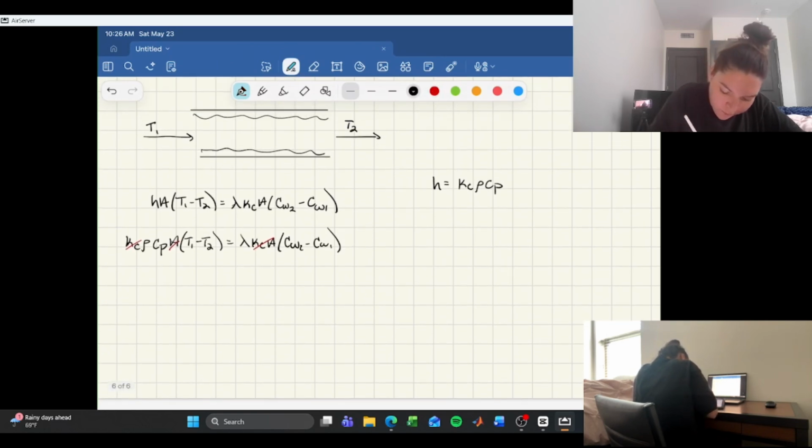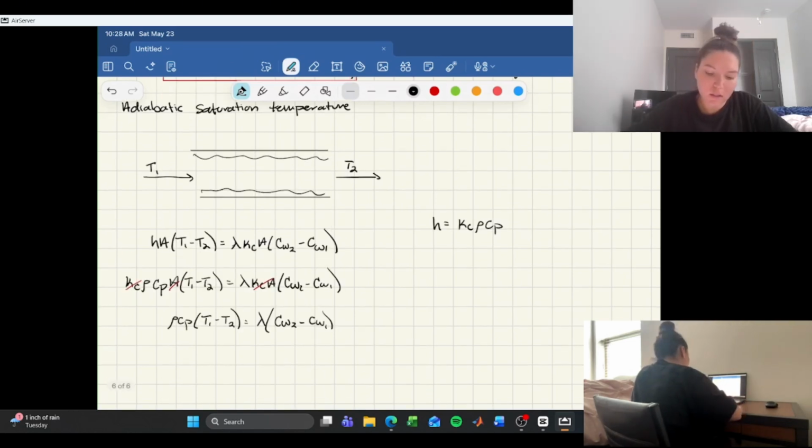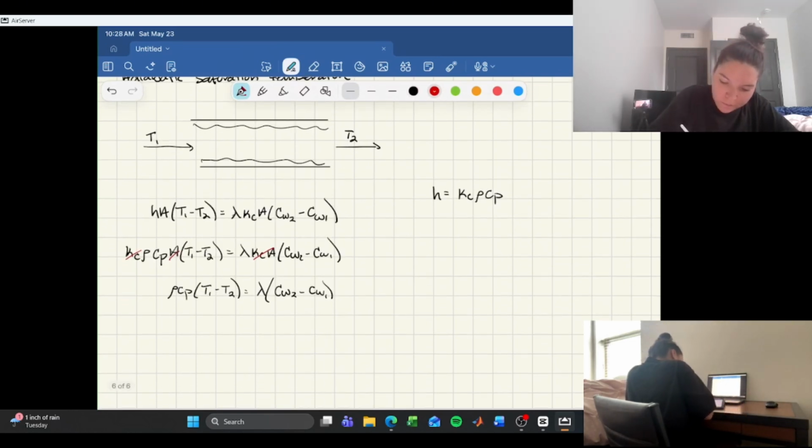And we're left with the density times the heat capacity times temperature in minus temperature out is equal to the enthalpy of vaporization times the change in concentration. So this is the final equation for an adiabatic saturation temperature example.